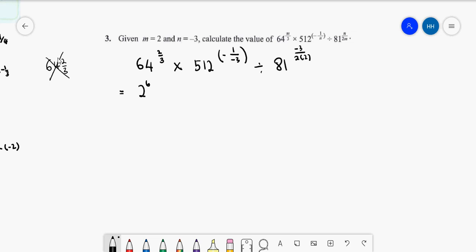Don't forget to write the 2 over 3 there. So you can straight away multiply 2 over 3 and then times 512. So 512 is a number in base what? We can also divide by 2, right? Because this is greater than 64, the power must be higher than 6.